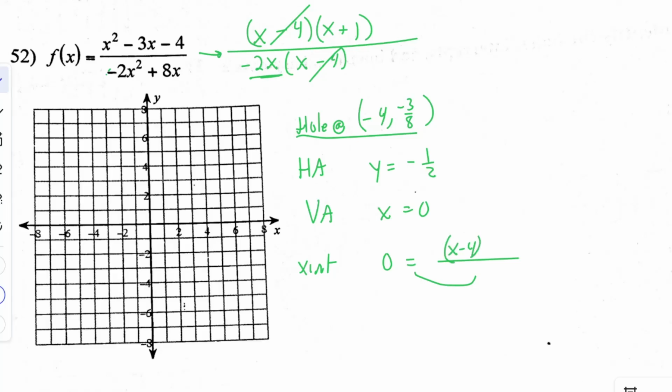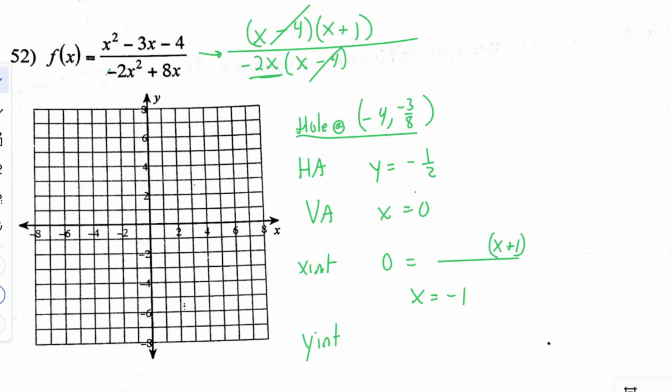I'm debating whether I should keep the x minus 4, but I shouldn't because it was a hole, so I'll eliminate that. So my x-intercept is going to be -1. Be careful. I almost left the x minus 4 up there, which would have given me 2 x-intercepts, but I have to ignore that one because it was the hole.